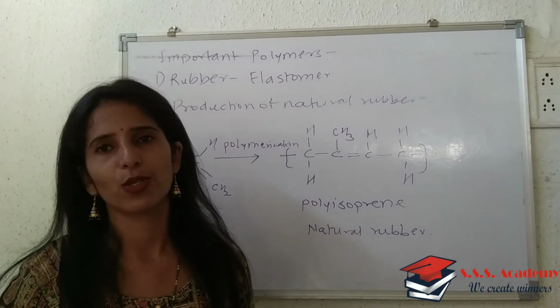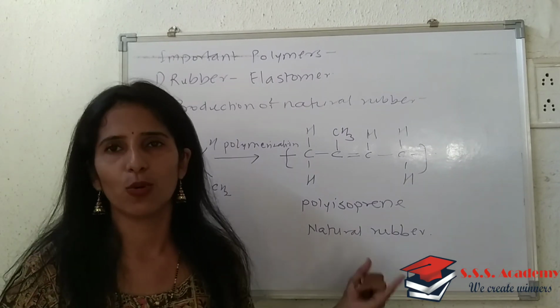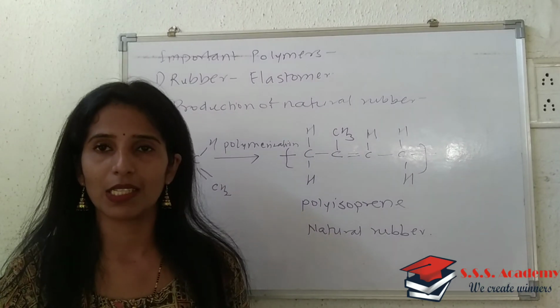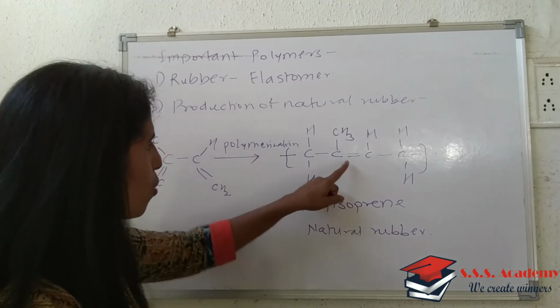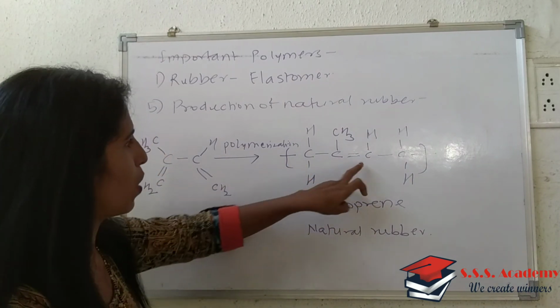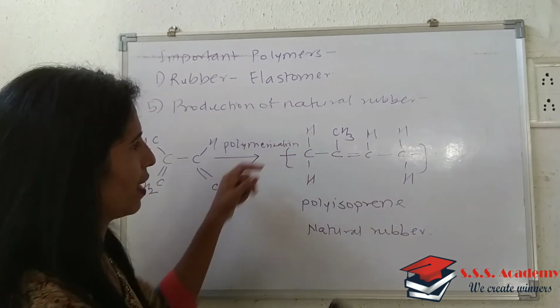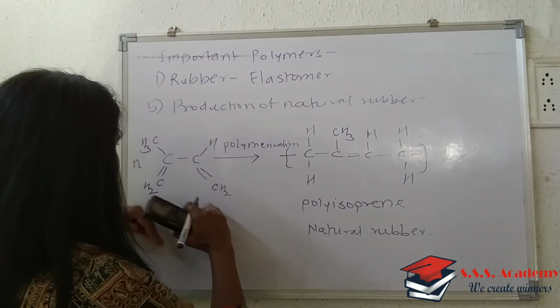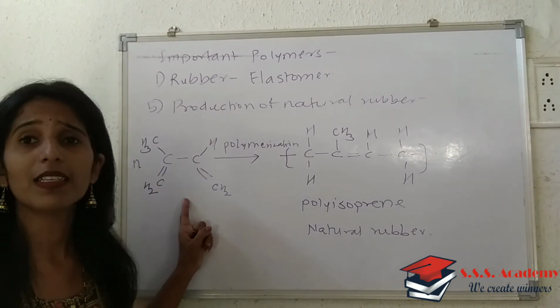In the first point you will write that polyisoprene or the natural rubber consists of cis configuration at the double bond. If you observe the cis configuration at the double bond, what will happen? Whatever CH2 groups are there, they are on the same side, and that's why it is called the cis configuration.